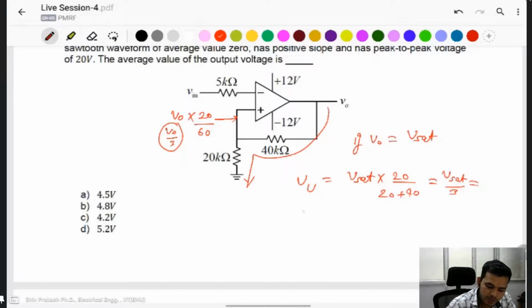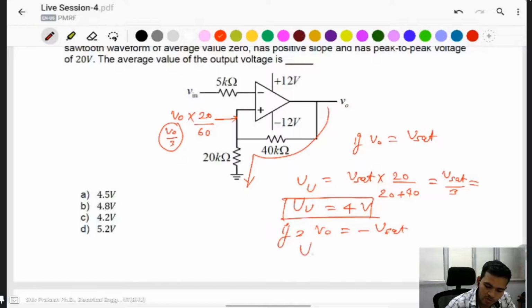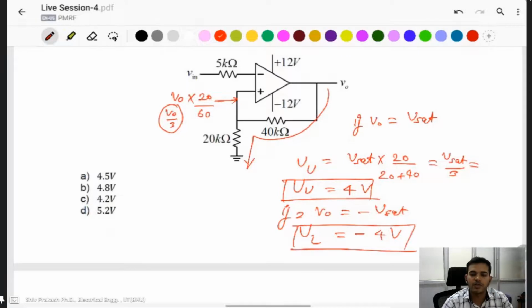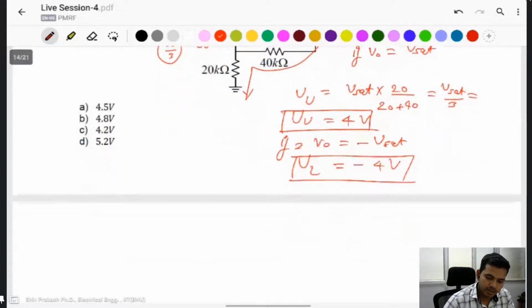If you take V saturation as 12, you find 4 volt. Similarly, if you take the output voltage as minus V saturation, you find the lower cutoff of minus 4 volt. It means plus 4 volt to minus 4 volt is the range of the symmetrical hysteresis loop.